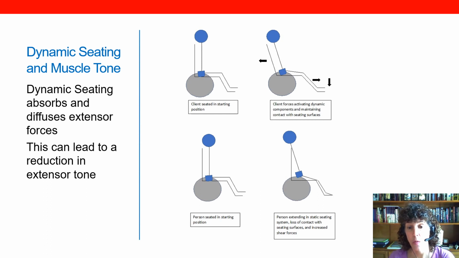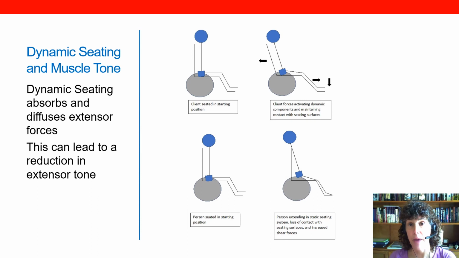Down below, we see a person again seated within their seating system, but this time there is not a dynamic component. It's a static, non-yielding surfaces seating system. And you can see that as the client extends, they now have increased shear forces because they're moving in relation to the seated surfaces.